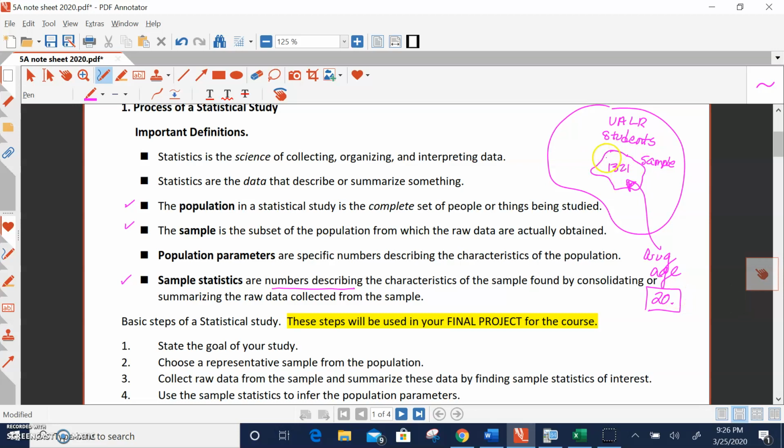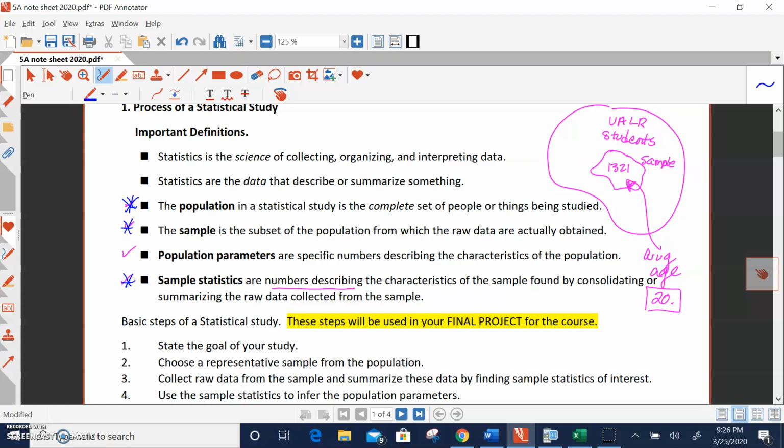And if that sample was a good representative of the population, then that number would be used as the population parameter. Really, what we need to know here, just getting down to the basics, is I need you to know what population is, what sample is, and what a sample statistic is. That's what we're going to be working with.